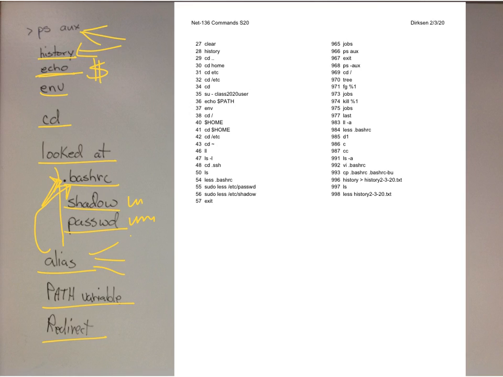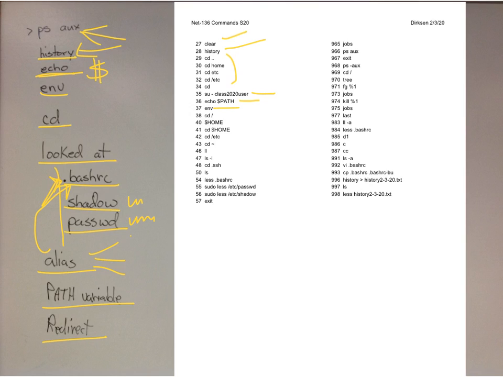So over here are the commands that I grabbed out of my history that we actually did. We did a clear the screen. We looked at the history. We did a number of change directories. I logged in as another user on the machine. We took a look at the path variable.